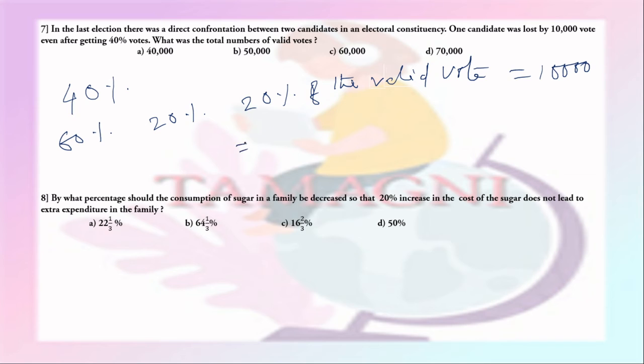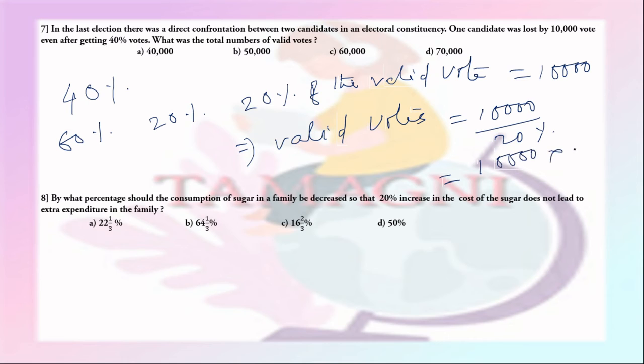So from here we get valid votes equal to 10,000 by 20%, which is equal to 10,000 into 100 by 20, which is actually 50,000. So option B is the right answer.